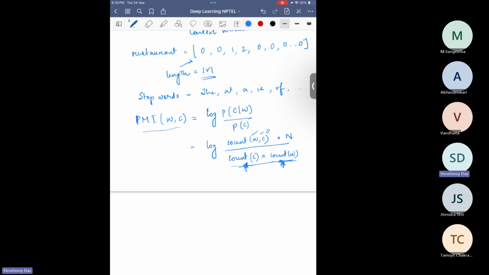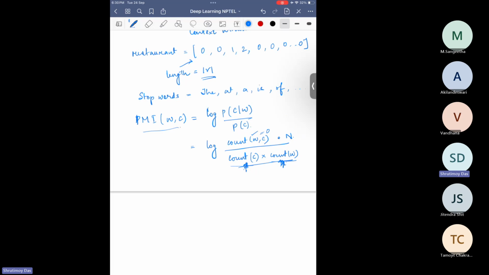So PMI gives you a way to measure how much closeness two words have. If PMI is high, those two words are correlated and occur a lot together. If PMI is low or zero, they never occur together. That is what we use.